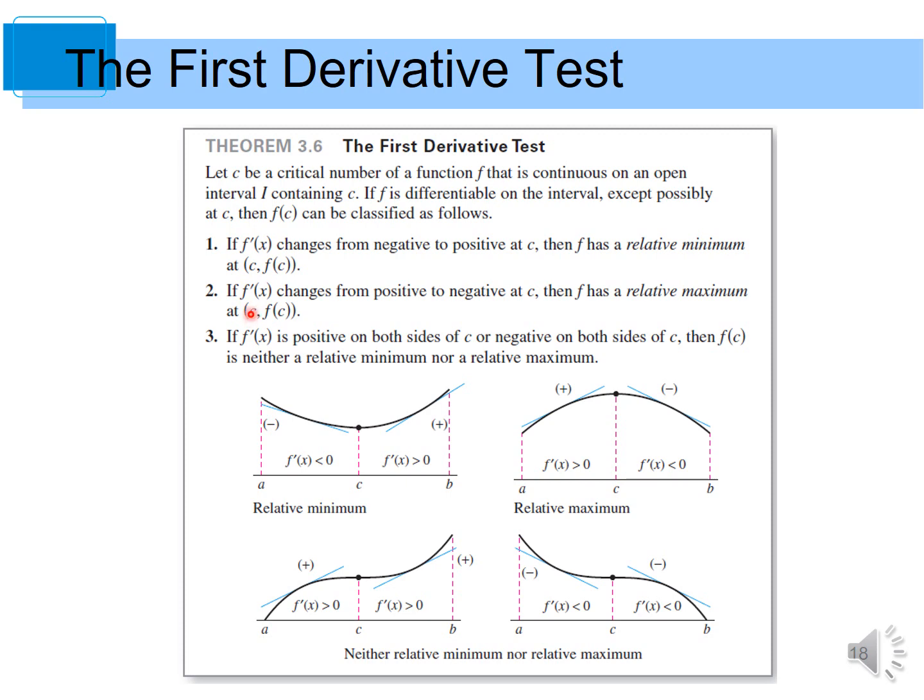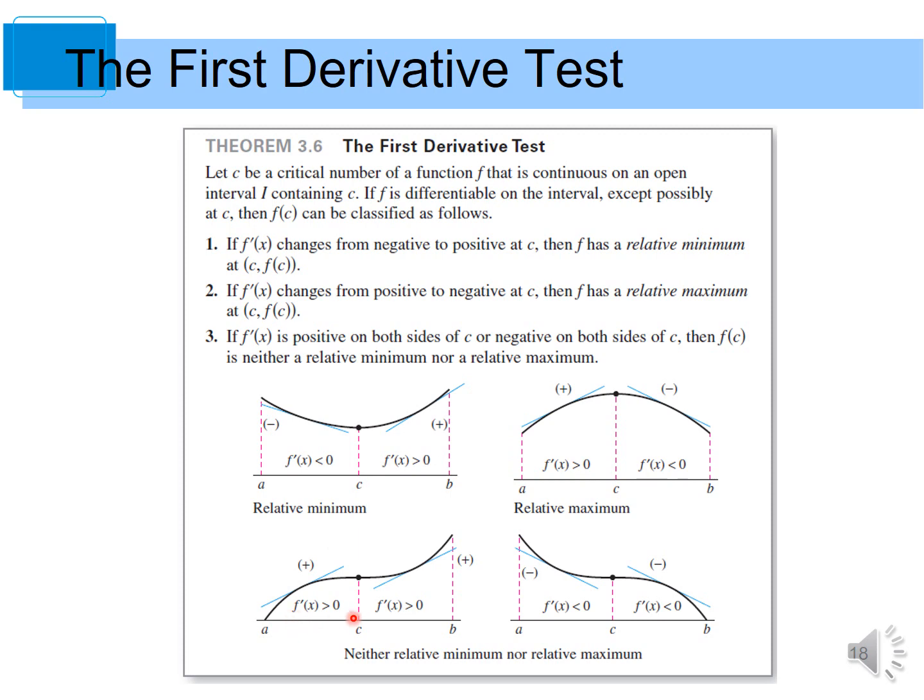Second, if f prime of x changes from positive to negative at c, look at this figure, then f has a relative maximum at (c, f(c)). The slope changes from positive to negative. Third, if f prime of x is positive on both sides of c, or negative on both sides of c, then f(c) is neither a relative minimum nor a relative maximum.